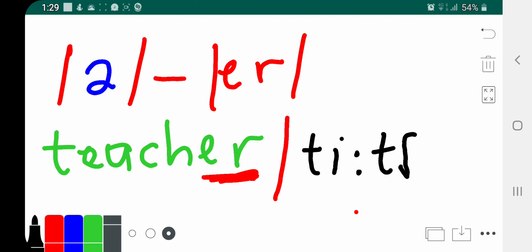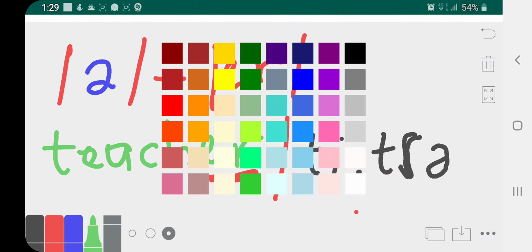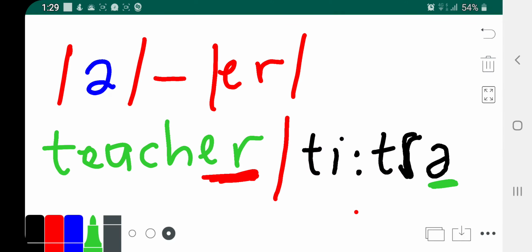So T and sh, whenever they come together, they make the ch sound, and we have the last one, this sound. Remember, we are looking at this sound. Okay? So if I say teacher, you hear the sound, teacher.